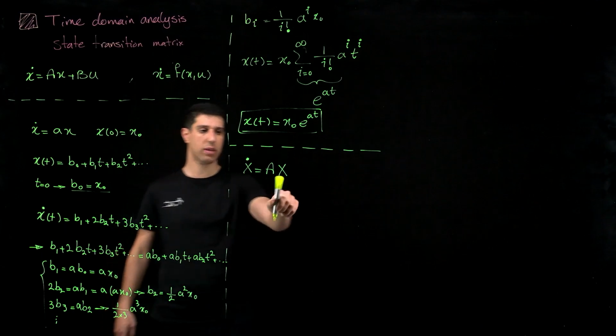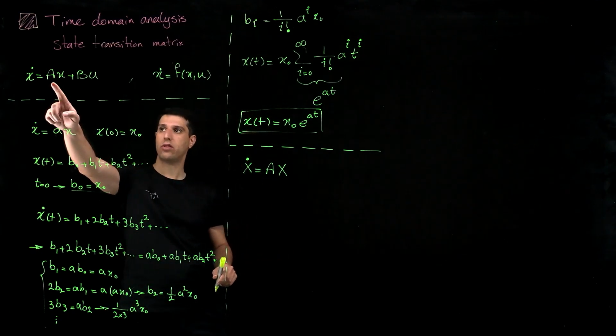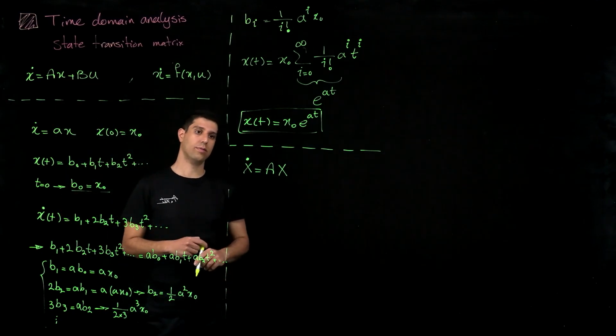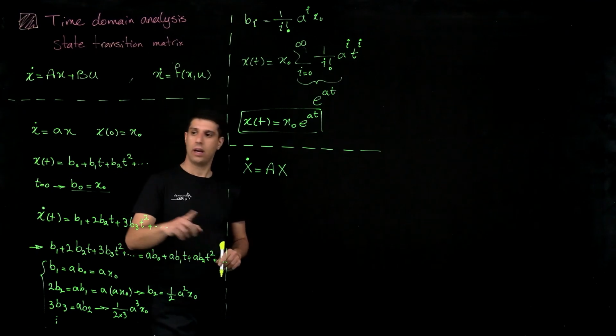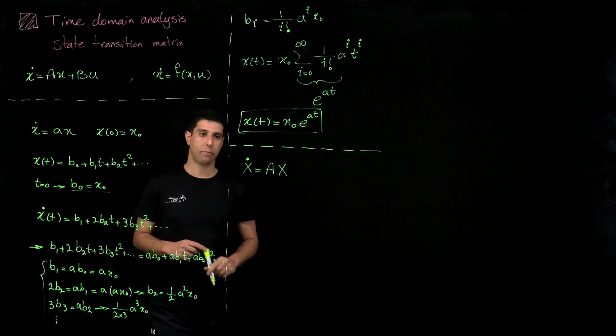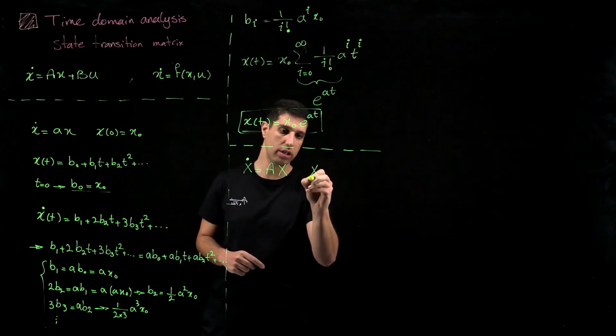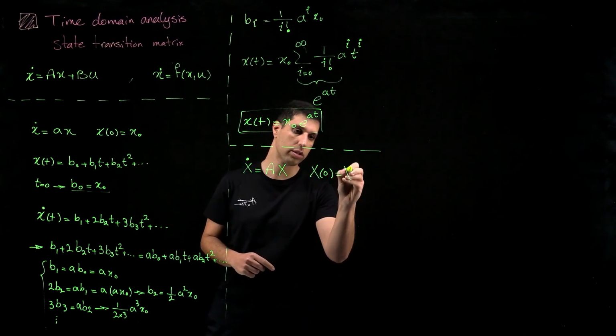So I have the same form, but in a matrix format. I can do exactly the same thing. So I know the initial condition, x at 0 equals, let's call it x naught.